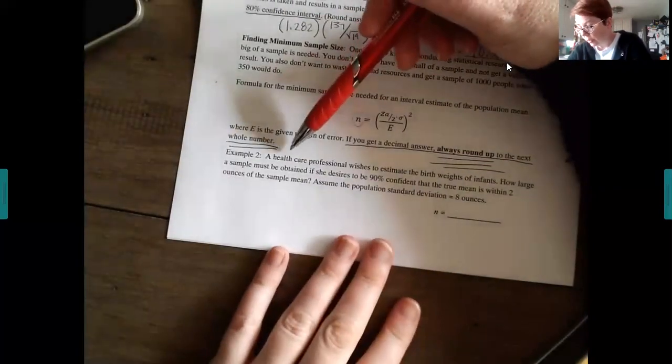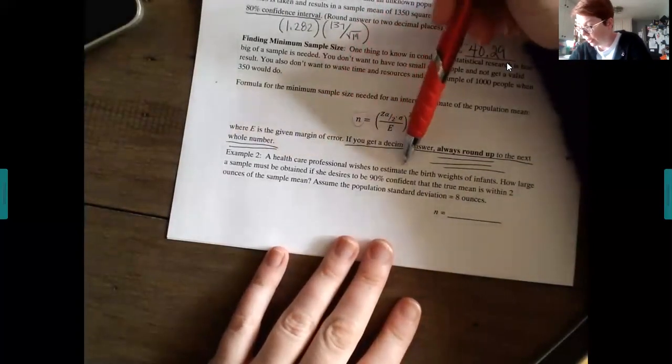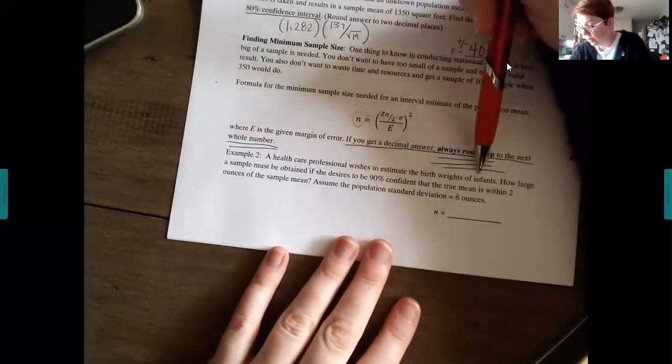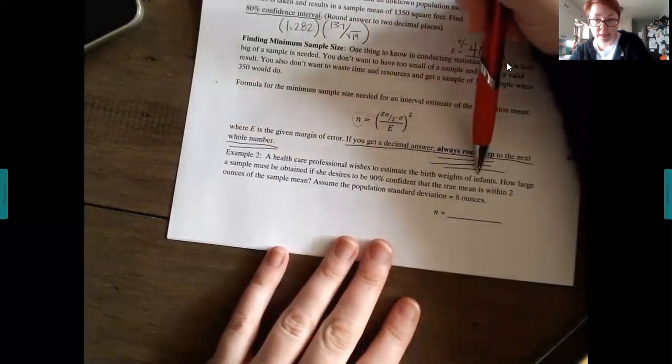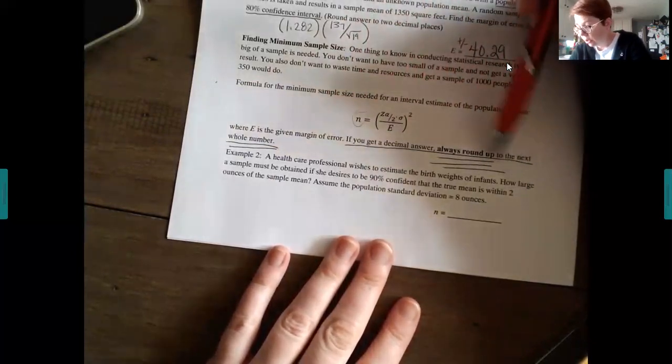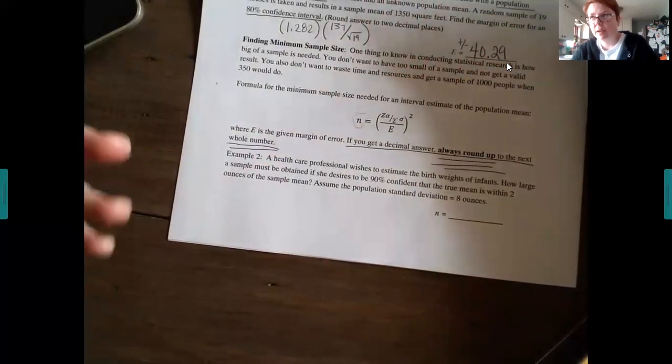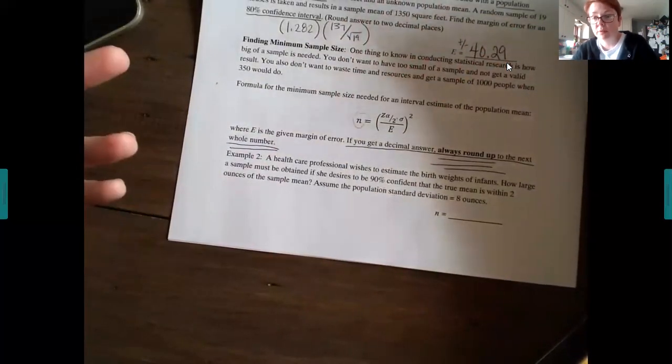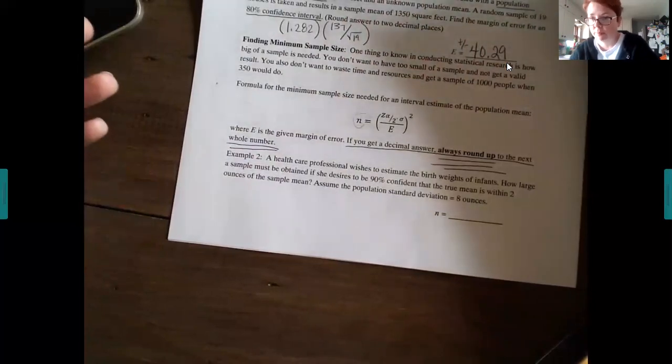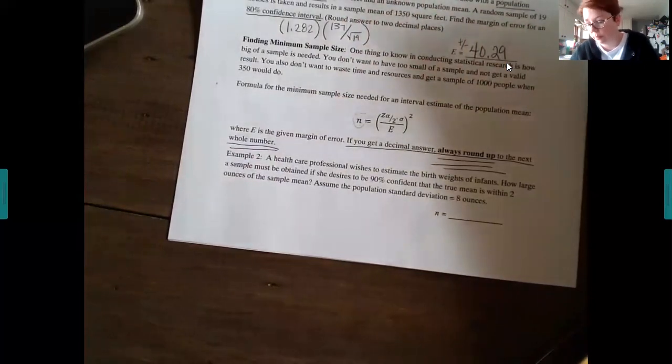Here for this example, it says a healthcare professional wishes to estimate the birth weights of infants. So anybody in the medical field might want to know how to do this. How large a sample, which is kind of counterintuitive. It says how large a sample, but it is asking for the minimum sample size. So basically, what's the sample size needed?